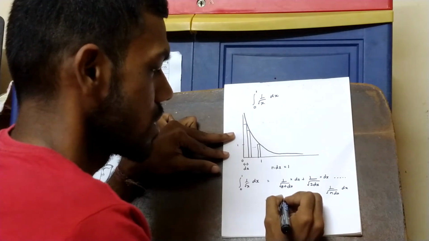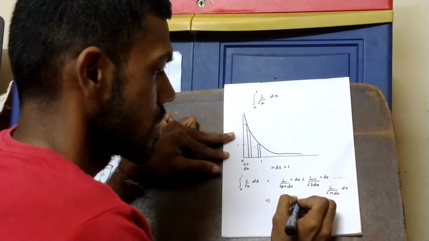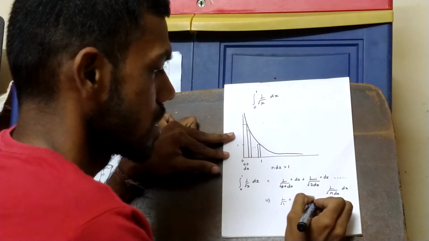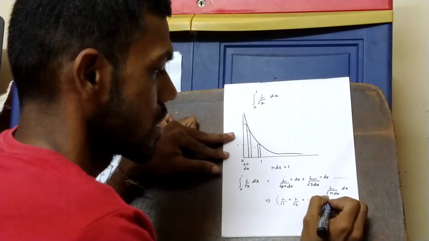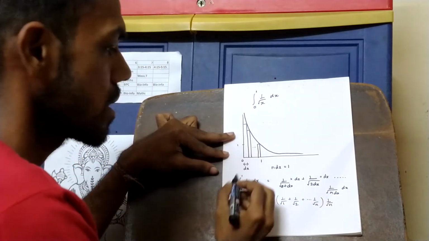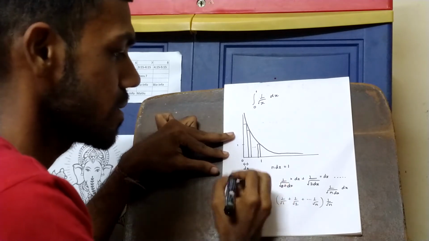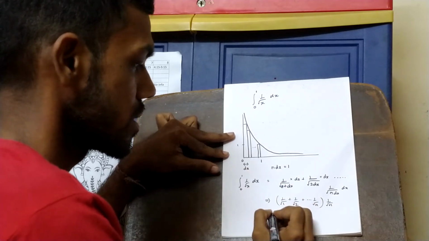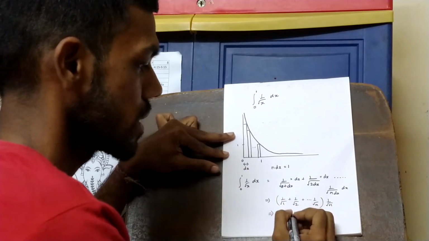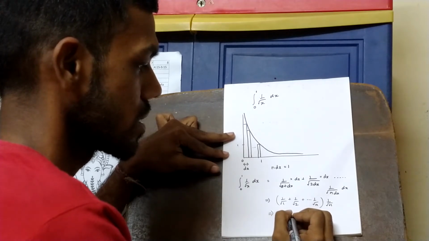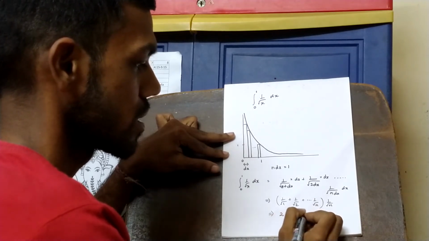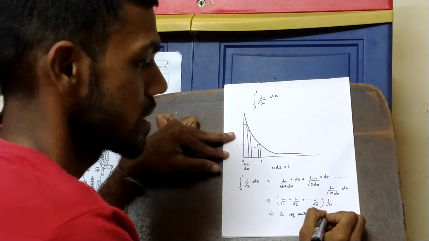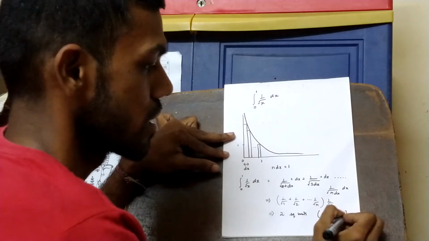This implies the integral of 1 by root x dx in the interval 0 to 1 is equal to 2 square units as n tends to infinity.